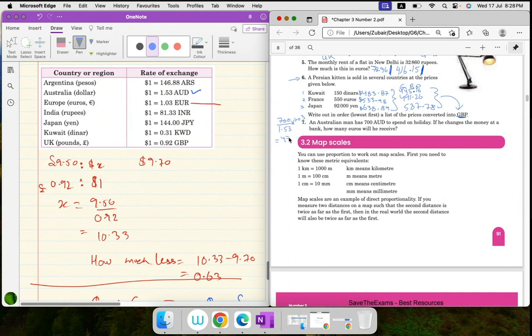We get 471.24 euros. Is it clear or should I do that again?